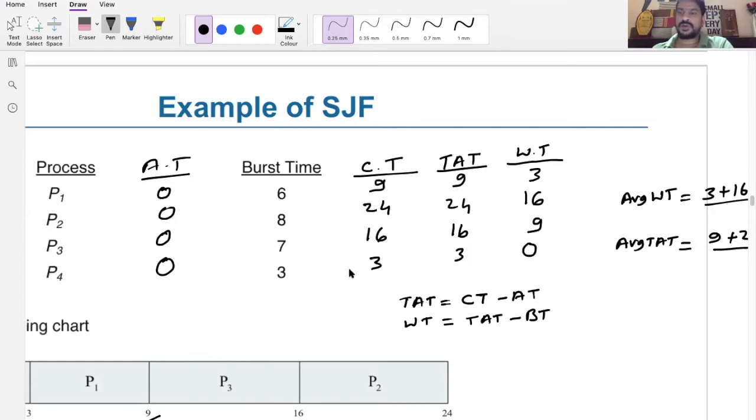There is no book which is claiming that the convoy effect is still existing in shortest job first. So no book is claiming like this. But if you see some of the algorithms, it actually proves that convoy effect exists in shortest job first.